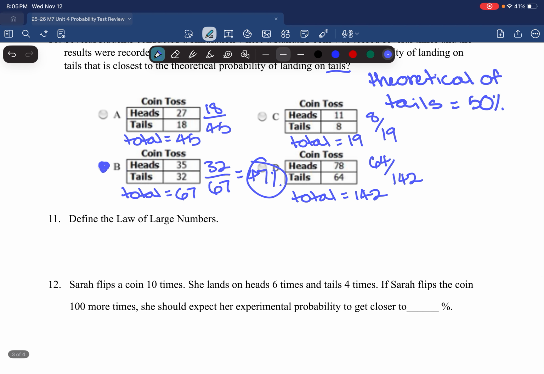All right, so here we are defining the law of large numbers, and we've done this quite a few times, so hopefully you guys understand the concept by now.